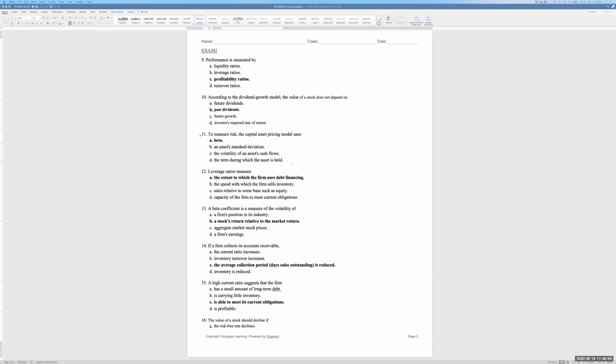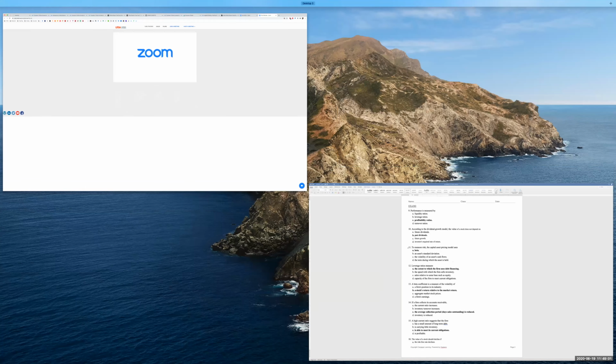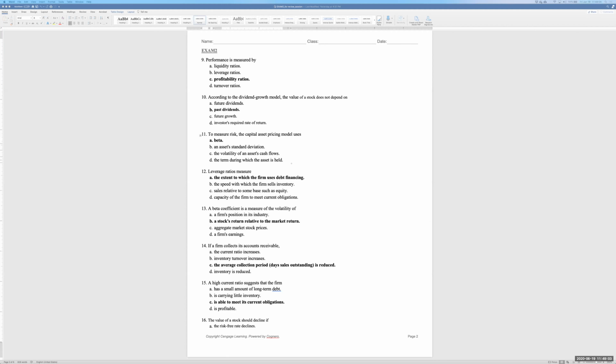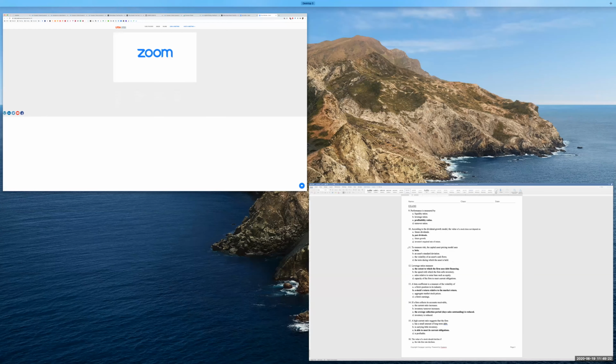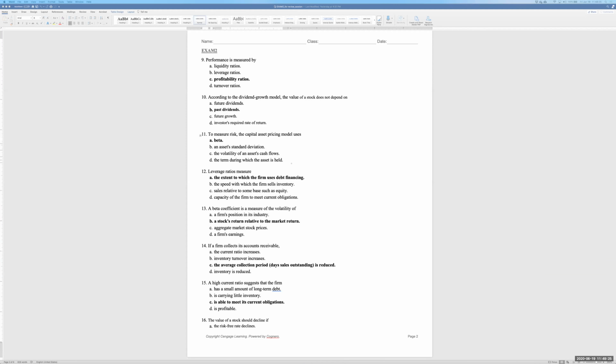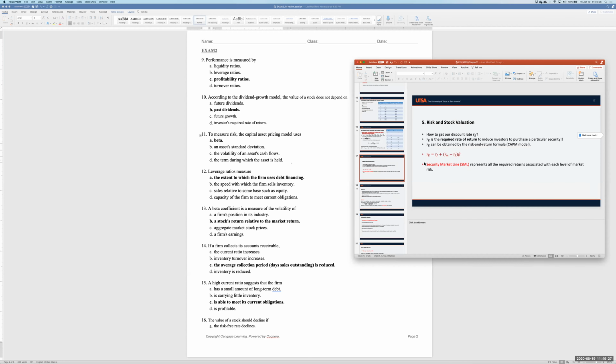In the capital asset pricing model, we are using the difference between market return and risk-free rate, and also beta, right?